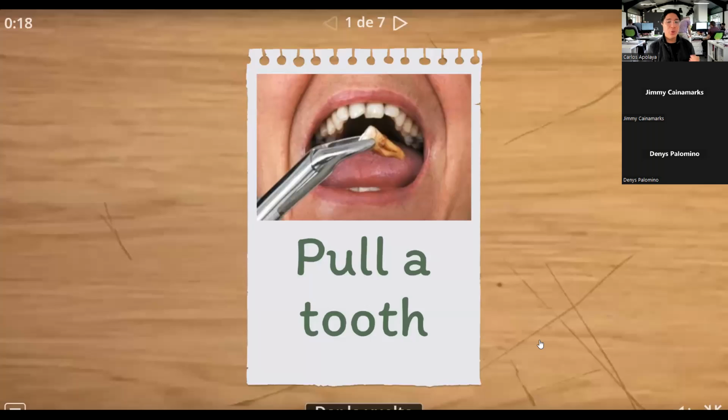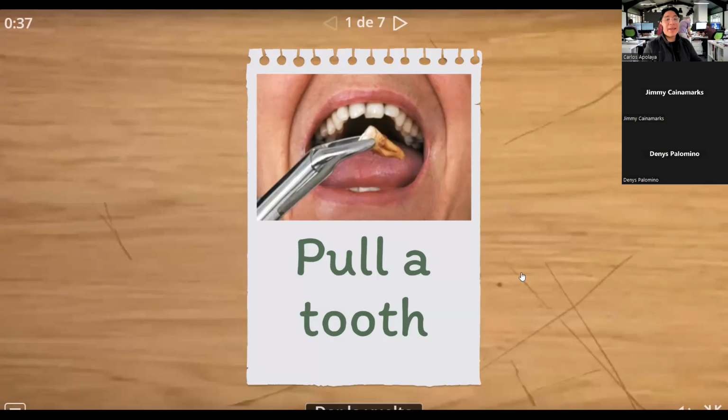The first one, we pull a tooth. For example, the next procedure is that I have to pull a tooth. Only pull? Tell me. Only pull, because I heard pull out.